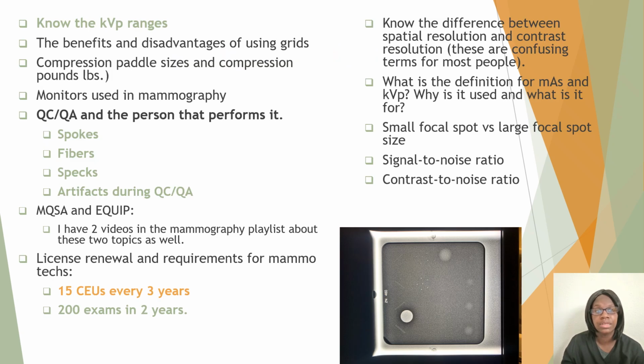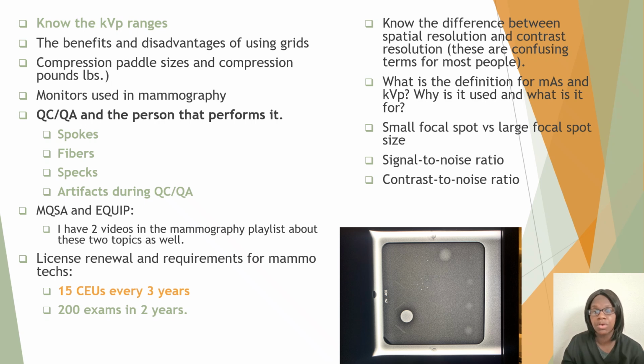Also know the different KVP ranges. We do have AEC, which is going to automatically adjust. So you still have to know the ranges, but whenever you are working in mammography, you do not necessarily have to select your own KVP range, because AEC will automatically adjust it according to the patient's breast thickness and size.